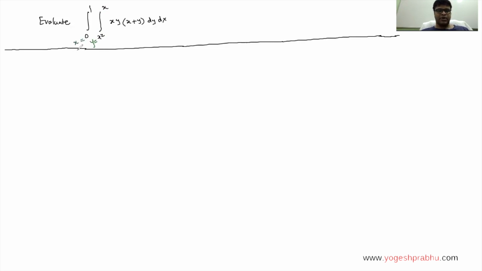Okay, that's quite obvious. Now the next point that I want you to note in a double integration: always evaluate the inside integral, or the inner integral, first. That's always the rule. So you'll evaluate the inside integral, that is the integration of y.